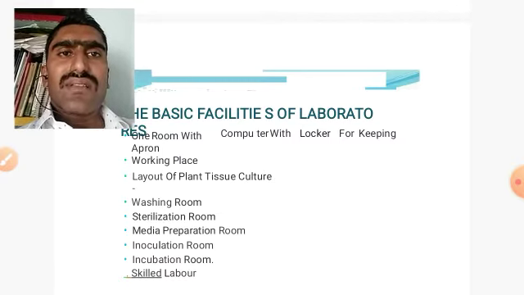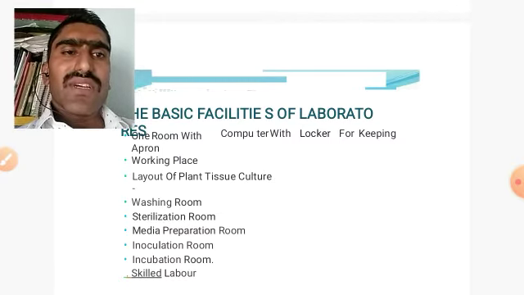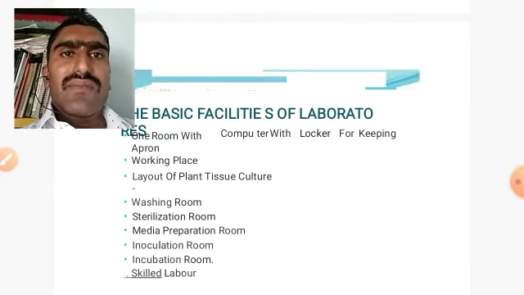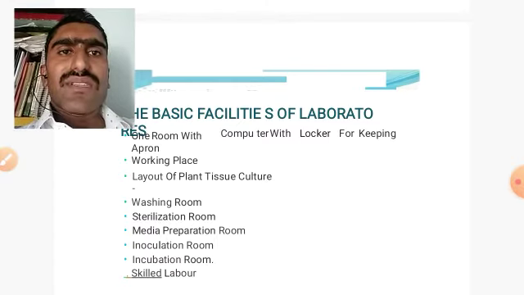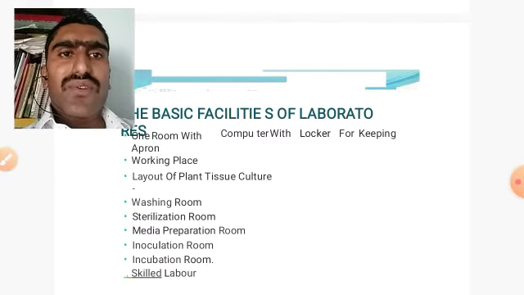In that locker we can put materials, so that safety will be there. An apron and lab coat should be there. Whoever is going to perform the tissue culture experiment needs an apron. This is the basic facility.